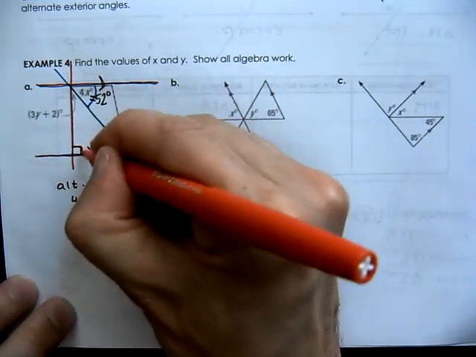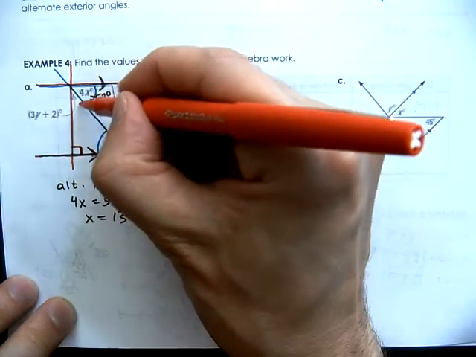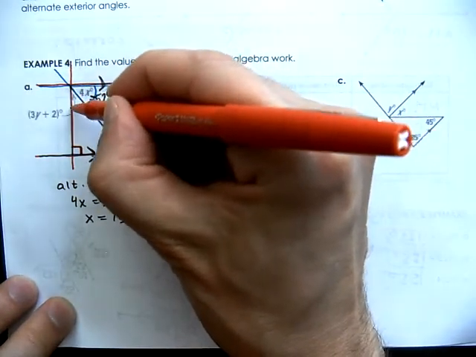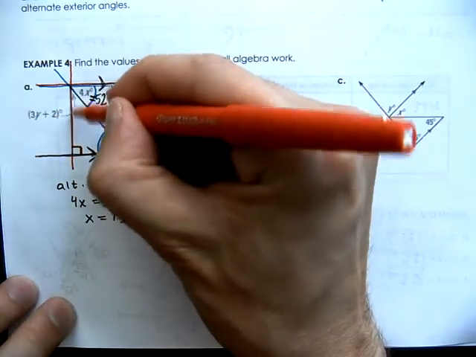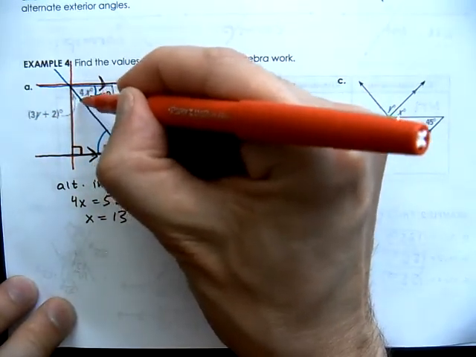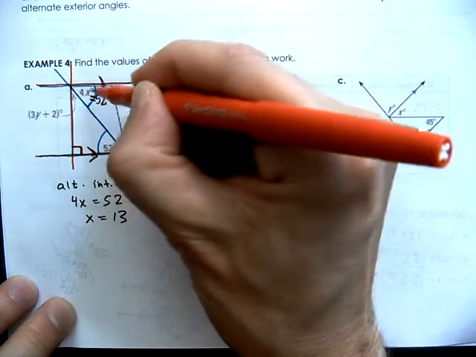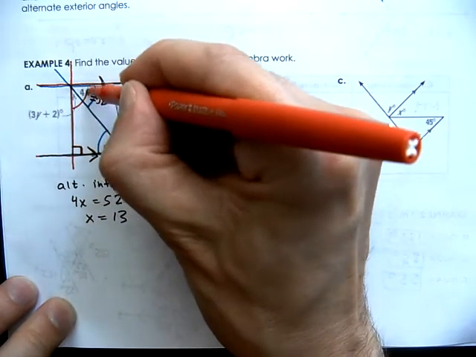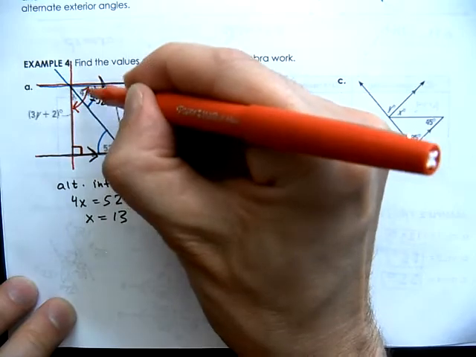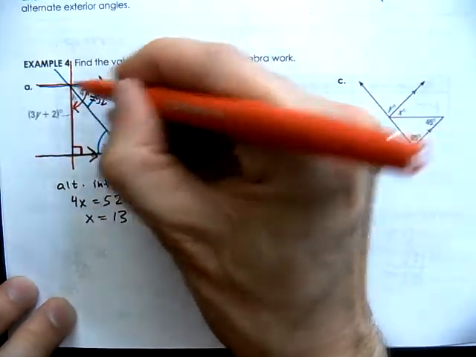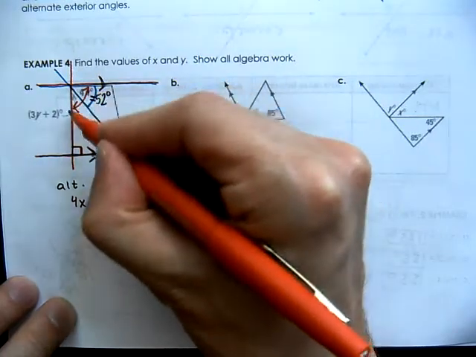So on the bottom we have this right angle, and on the top, be careful, it's not just this little angle, because this little angle of the 3y plus 2 does touch the transversal on the left, but it is not touching the top parallel line on its own. We have to use these two angles together to create one big angle. That is the angle we want because it is touching the transversal on the left and the parallel line on the top. So we're going to add these two together, in other words.